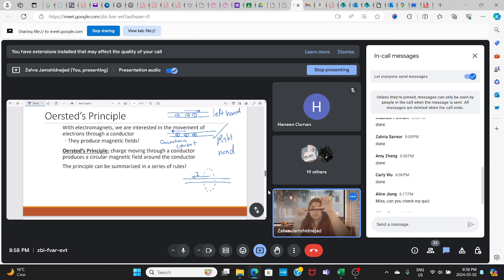I put my thumb in the direction of the current, which is the current going to the left. This is my wire, this is my thumb. My hand is bending like this, my forefinger bending like that, right? So it's going into the page and bending and going something like that.